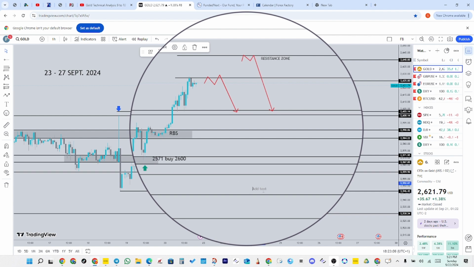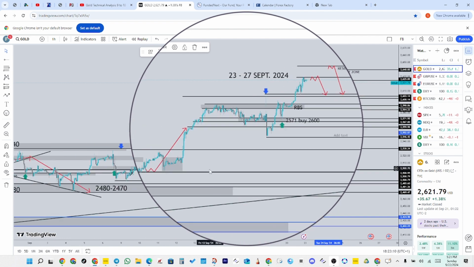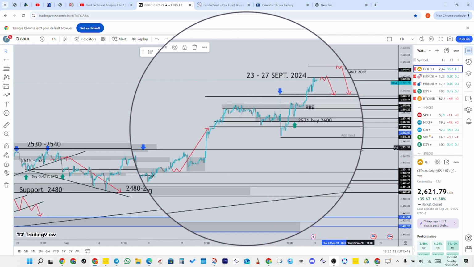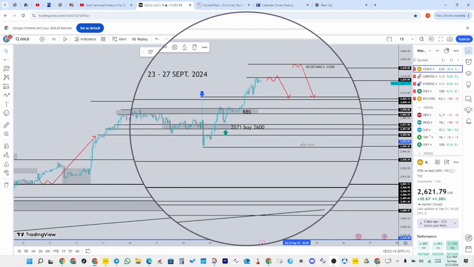Or if I want, we can decide to work with this particular one, which is 2530. But let's work with this one, 2545. So this is what we are working with. And then 2530.